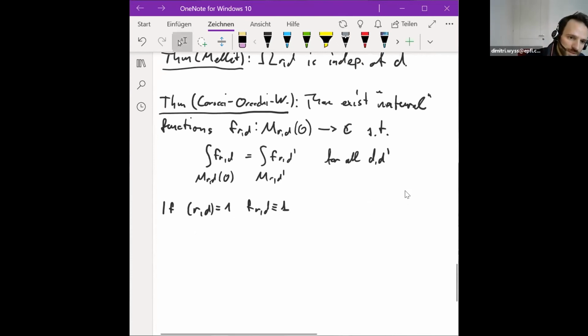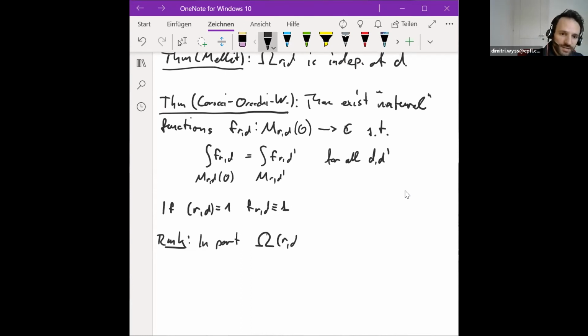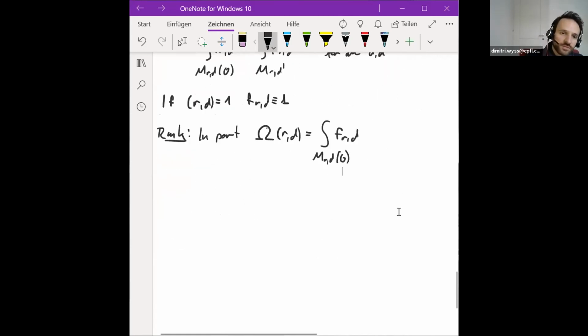So in particular, we see that these BPS invariants, this omega R and D, will always, by Anton's theorem, be given by our integrals over O. I don't know directly why this is true, but comparing ours and Anton's theorem, this is sort of true.